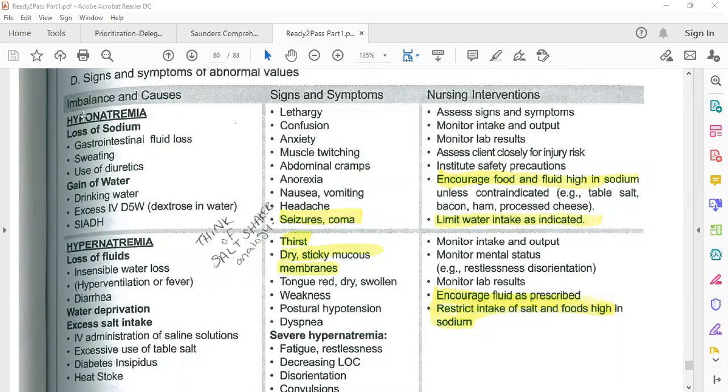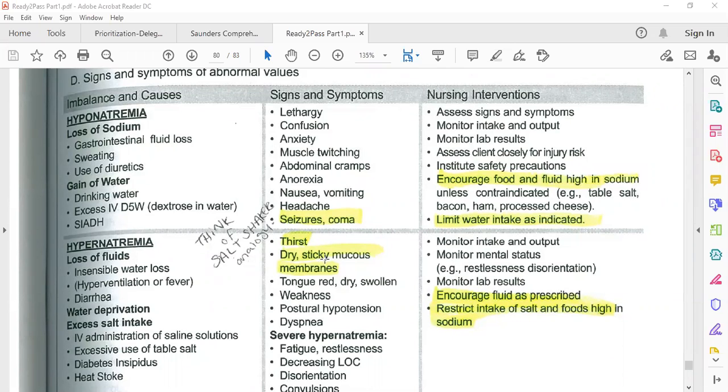Then we go to hyponatremia causes, signs and symptoms, and also hypernatremia causes, signs and symptoms. And as an LPN or RN, what are our responsibilities? What is the nursing intervention? It is very important. We should talk about this.